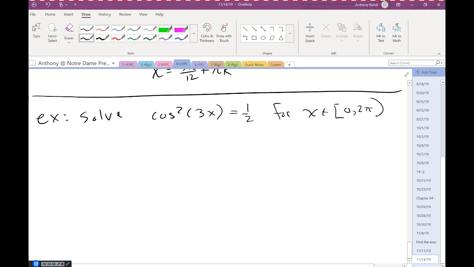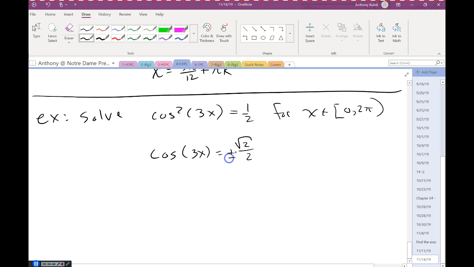So let's say we wanted to solve cosine squared of 3x equals 1/2 over the interval from 0 to 2 pi. My recommendation here is that we find the infinite solution first, and then we use that to generate all the solutions that we need by choosing values for k appropriately. So I'm going to start the same way we have and square root both sides.